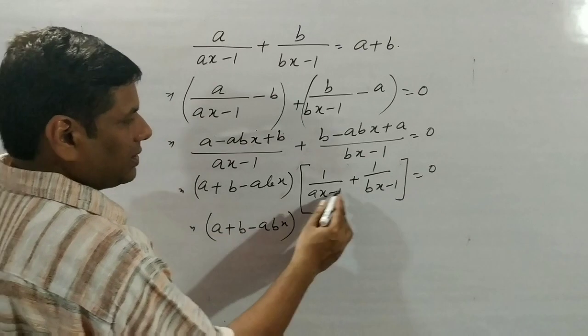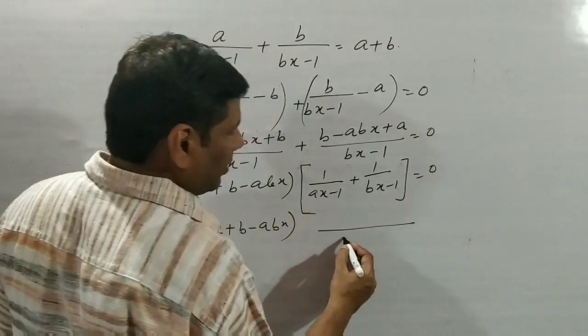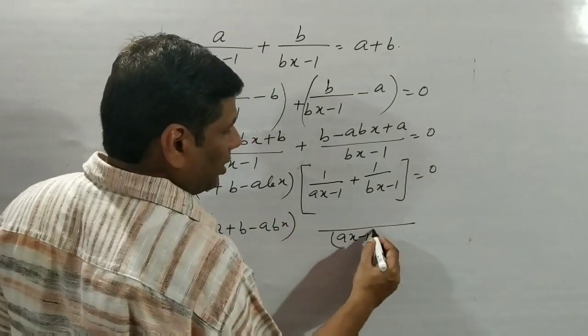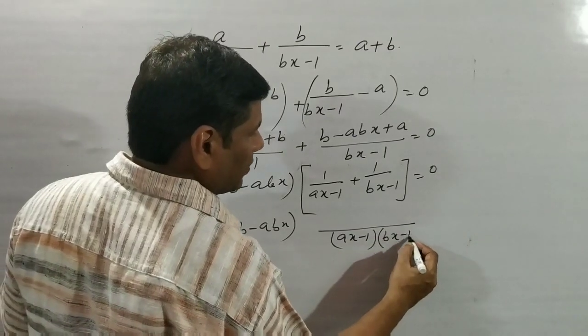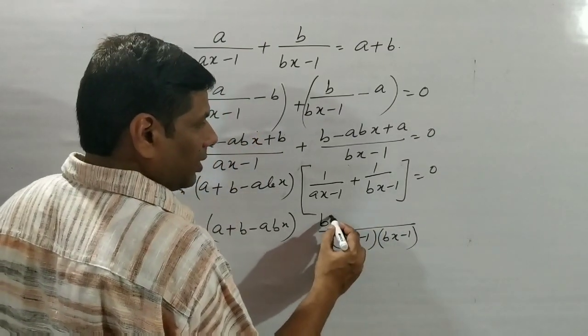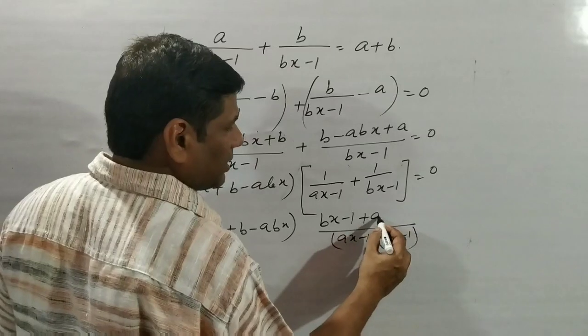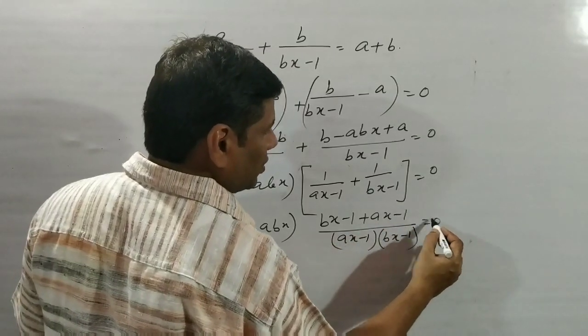So we have now a plus b minus abx. Now take LCM of these two. It will become ax minus 1 into bx minus 1, and it will become bx minus 1 plus ax minus 1 equals to 0.